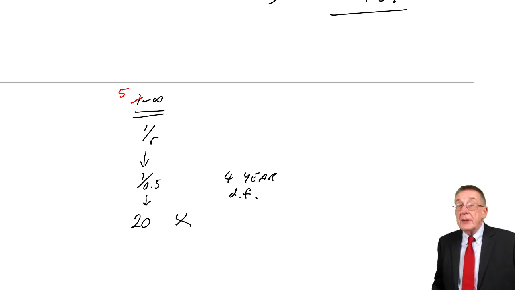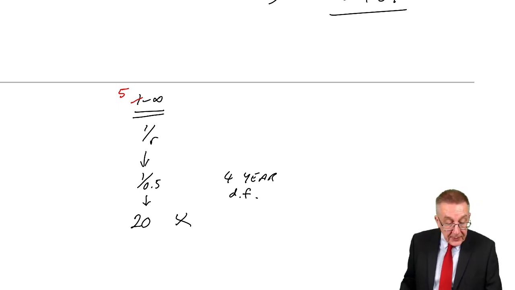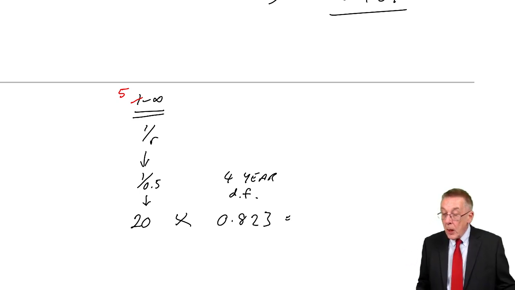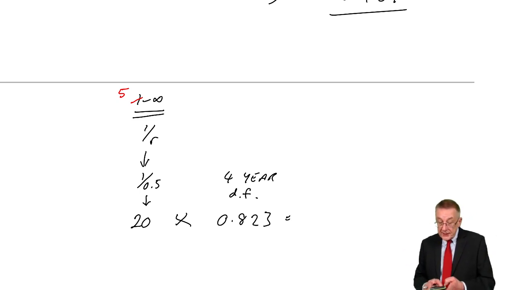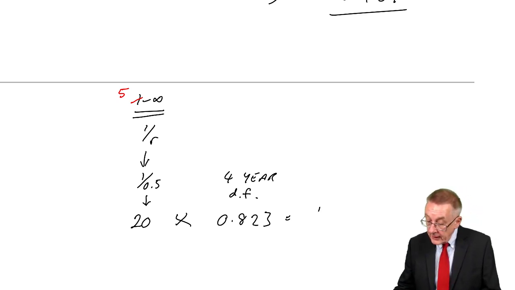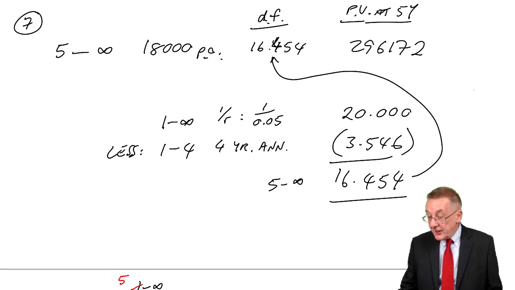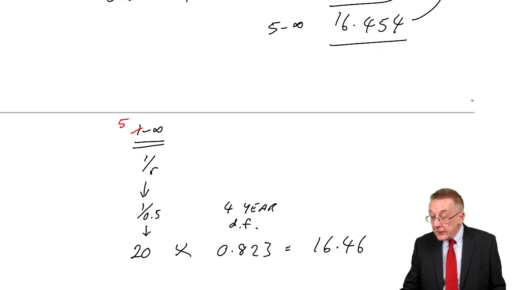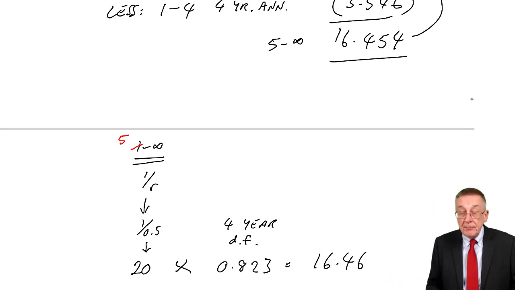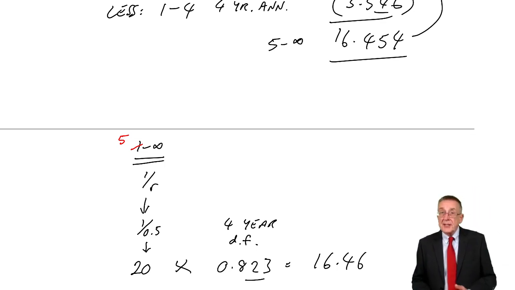And so the ordinary factor from the present value tables, 4 years, 5%, is 0.823, giving a total discount factor of 16.46. And what did we get before? 16.454. The difference is irrelevant for the exam, but arises simply because all the factors are rounded to 3 decimal places.